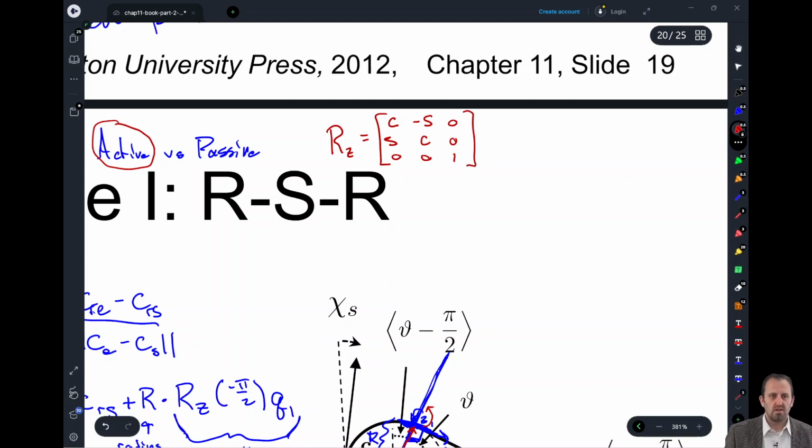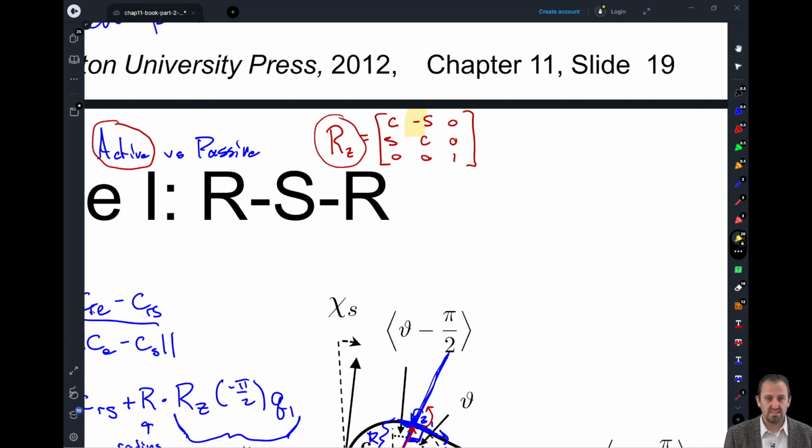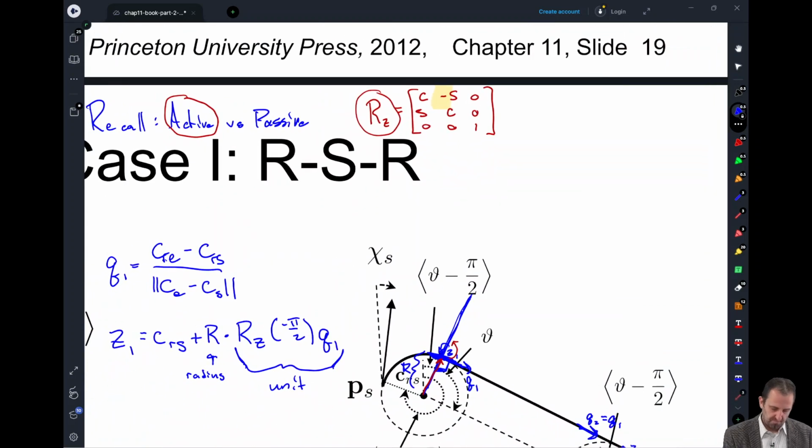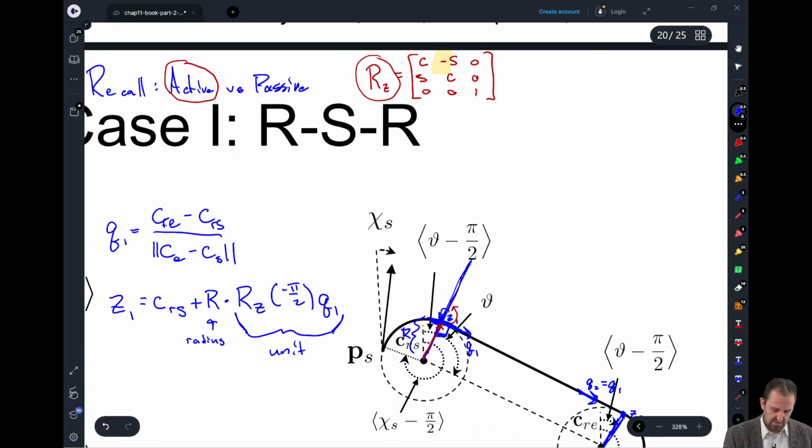So when we're talking about these active rotations and we use RZ, keep in mind we're putting that negative sign in the front. So this is different than when we're doing passive rotations, right? Because the active rotation is equal to the transpose of the passive. Okay, so that allows us to come in and just easily rotate Q1.